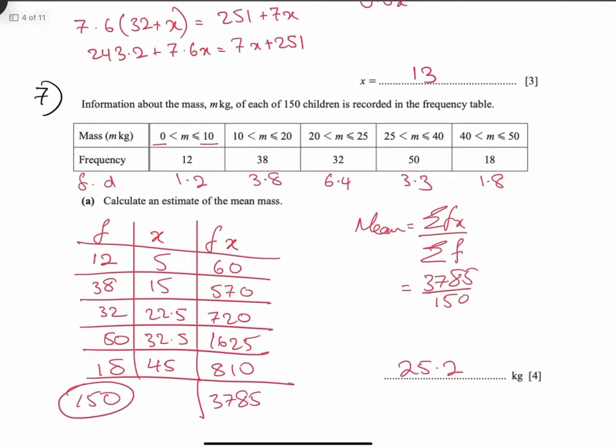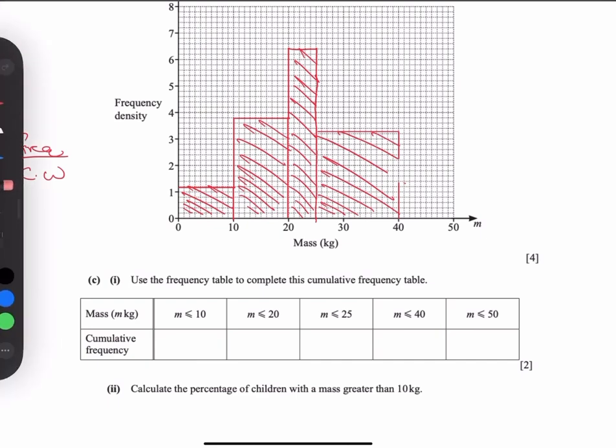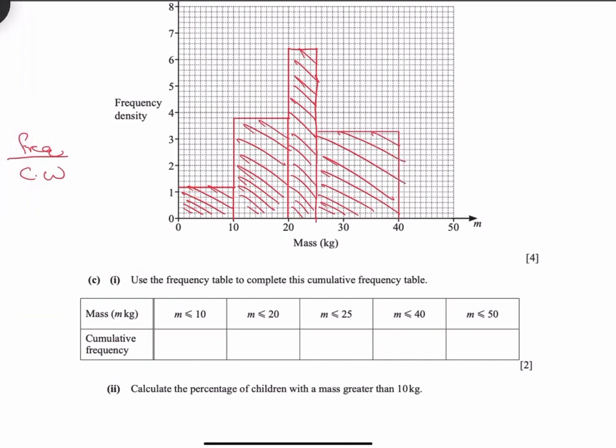So 40 to 50 is a 1.8, and again 1.8 is here. Hold on, let me just go back again. Erased it by mistake. So 1.8 is here. And this is my histogram.